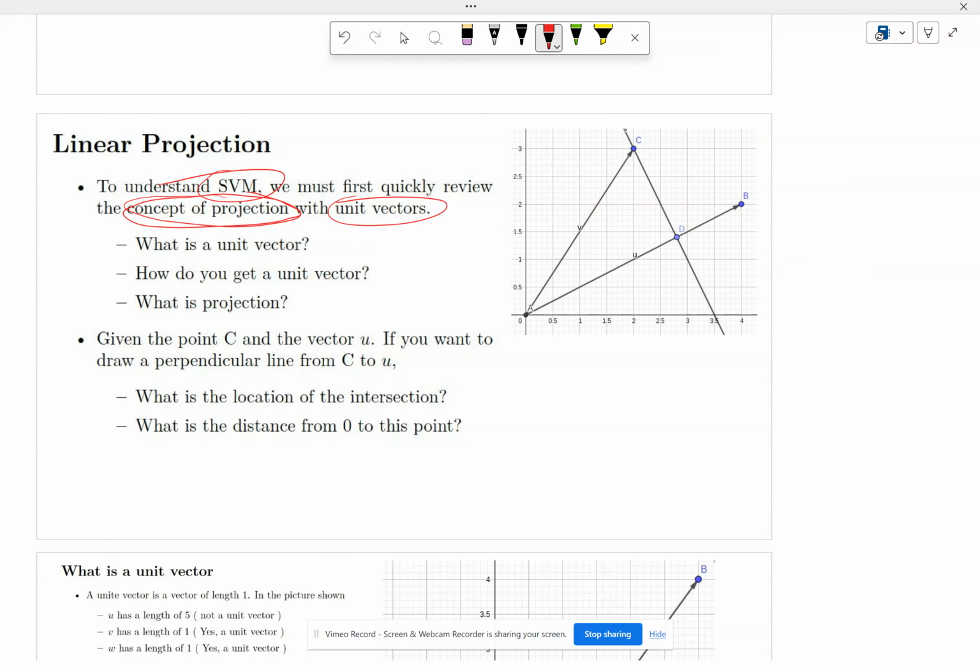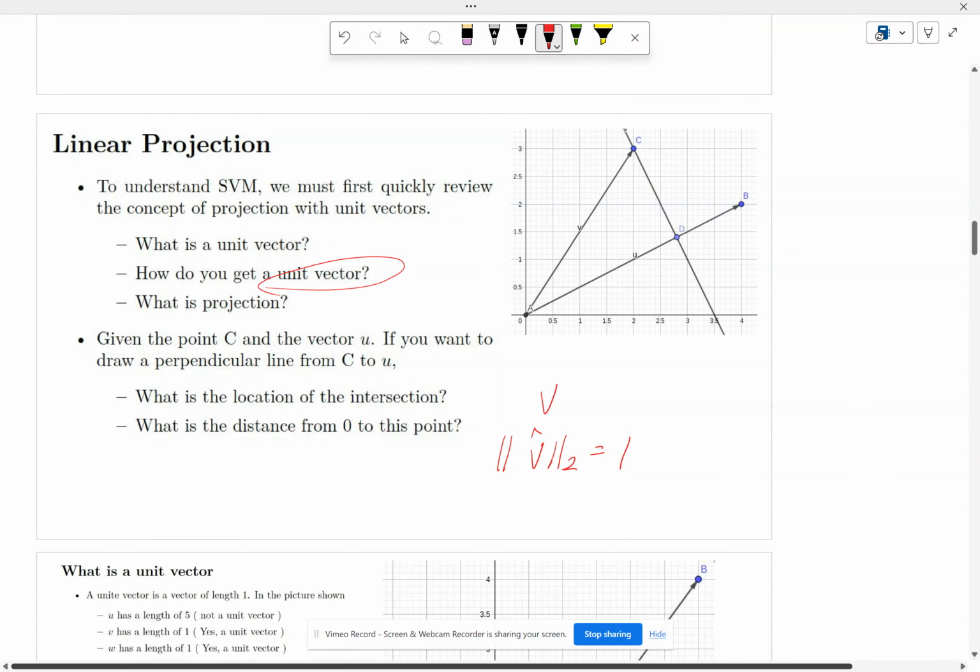I think in this class we talked about unit vectors already, where if you have a vector v, a unit vector, which we normally denote v hat, is a vector whose length is equal to 1. If you measure the L2 norm, the size of this vector is just equal to 1. How do you get a unit vector? I don't know if you learned that yet, but we'll go over that.